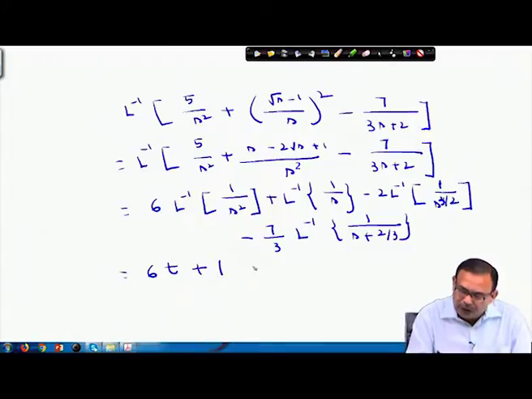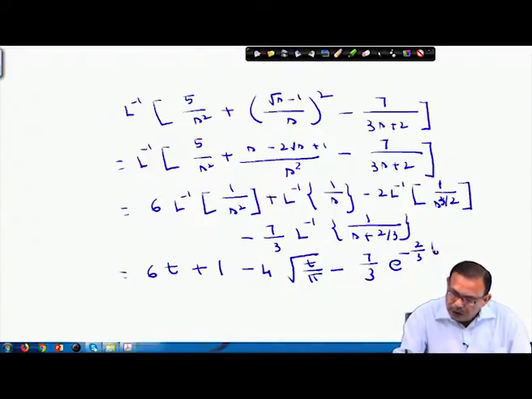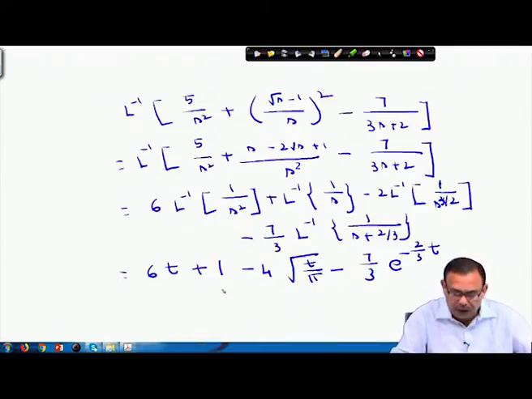For 1 by s it is 1, minus this will become 4 into root over t by pi, minus 7 by 3, this is e power minus 2 by 3 into t. So for this particular inverse Laplace transform, the corresponding function is this one: 6t plus 1 minus 4 into root over t by pi minus 7 by 3 into e power minus 2 by 3 t.